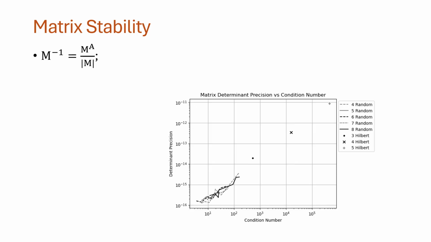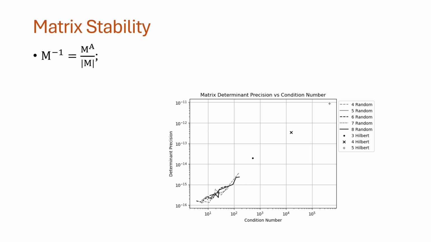Each has a different condition number and the corresponding precision. We can clearly see there is a linear relation between condition number and the determinant precision.